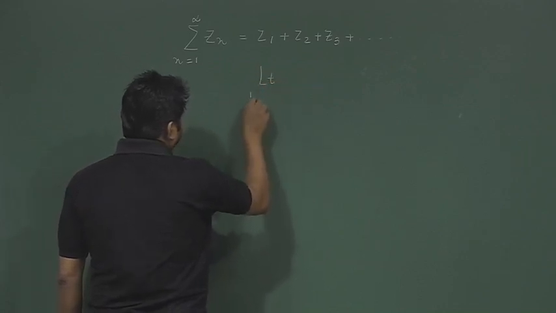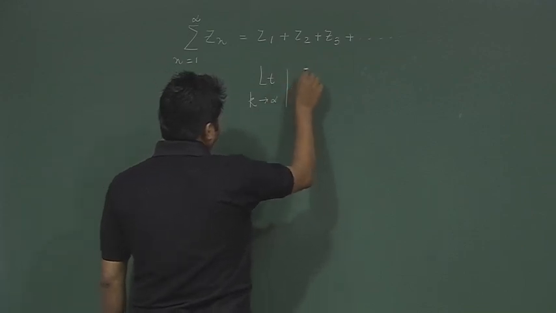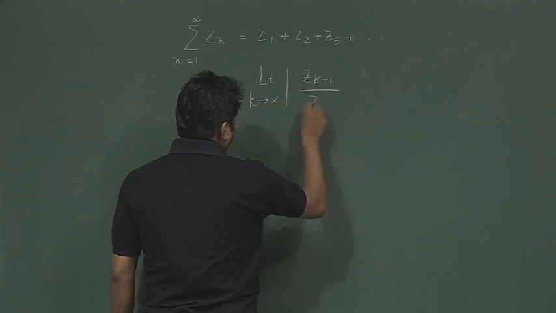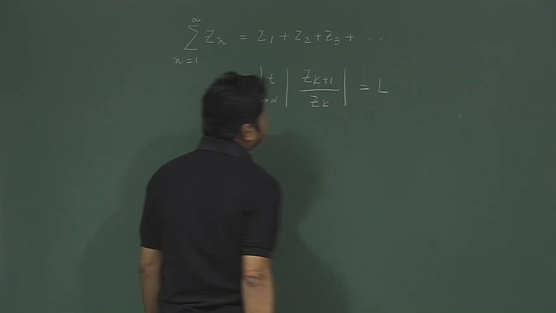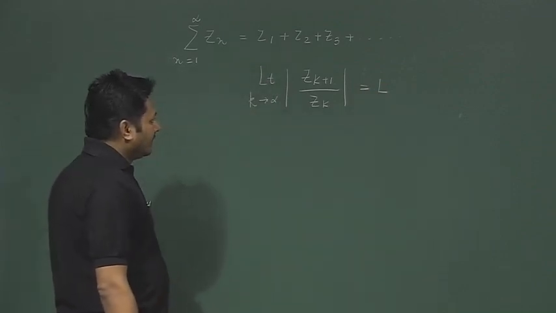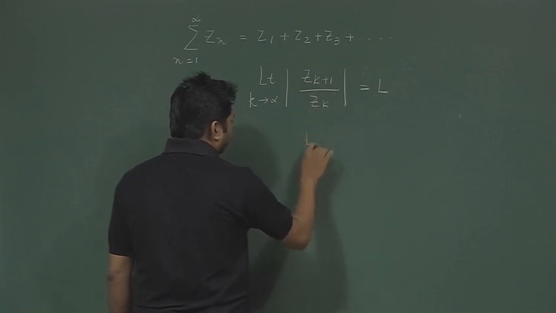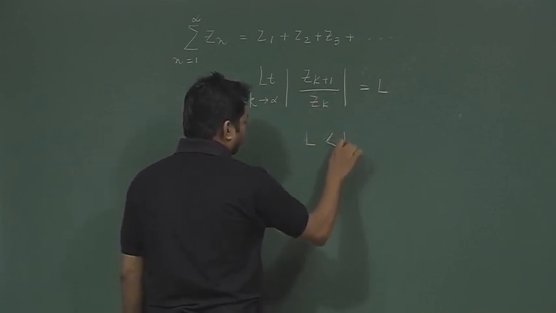And we mentioned that if the limit, k tends to infinity, of z k plus 1 by z k, if this quantity is L, then this partial sum will converge if L is less than 1.